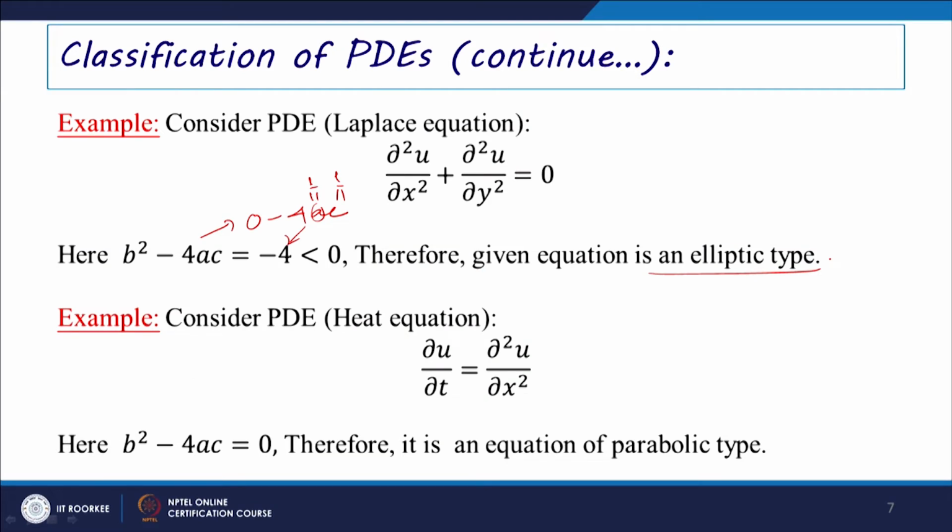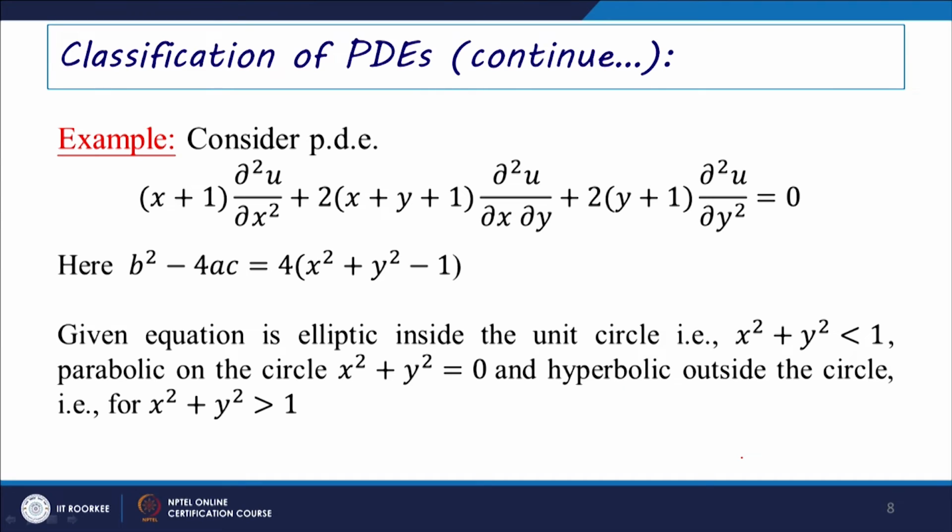Here, if you see the coefficients, the ∂²u/∂x² coefficient is 1, and the remaining coefficients, that is c equals 0 and b equals 0. So B² − 4AC is taking the 0 value. So that's why this is a parabolic type equation, and the 0 condition means the system is parabolic in nature whenever B² − 4AC equals 0.